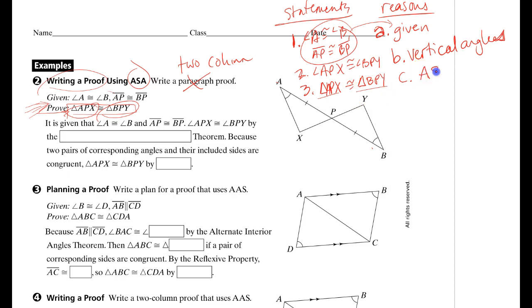Because ASA. That's all you need to write, because you have proven that there was an angle, a side, and an angle that were congruent to an angle, a side, and an angle in the other triangle. So there is the two-column version. This is the paragraph version that they were sort of hoping you would fill in.